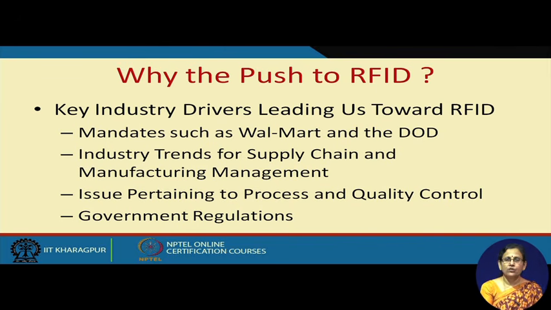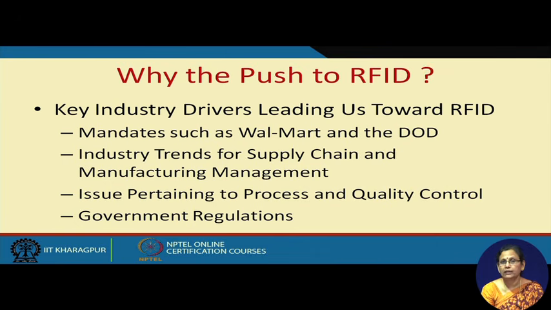Initially, the cost of these tags, readers, antennas, all these equipments used to be very high. In fact, around 2003-04, when the Walmart and DOD mandates came, that time technology was very costly and most of the suppliers were quite reluctant. In fact, they were not able to find out the benefits that were coming to them by the use of RFID.